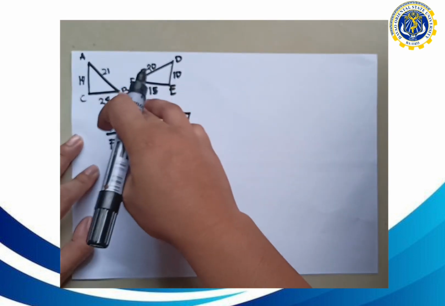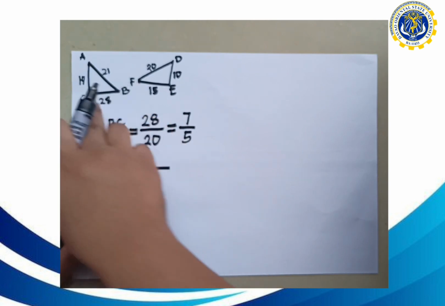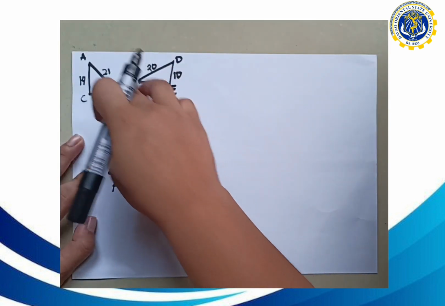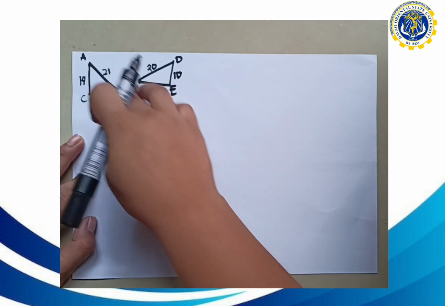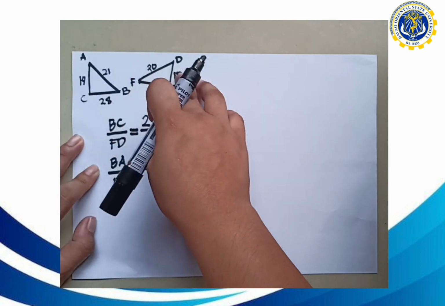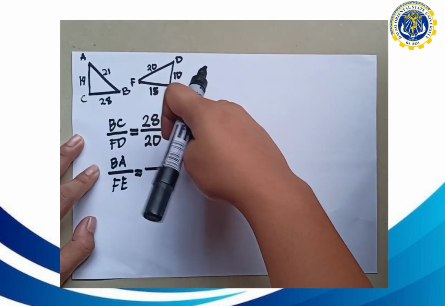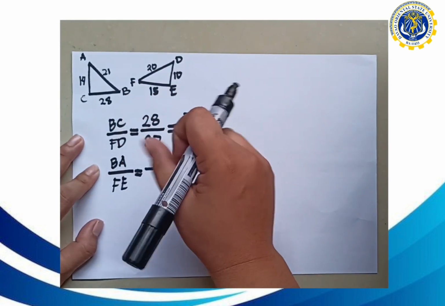Why BA and FE? As you can see, BA has the second longest side, and for the other triangle, FE has the second longest side.